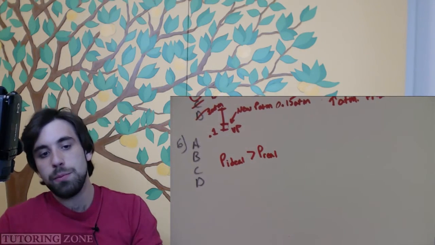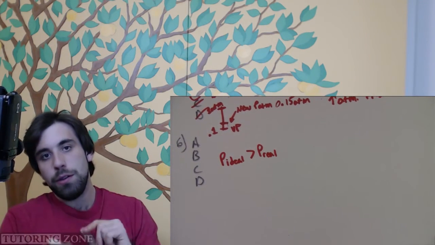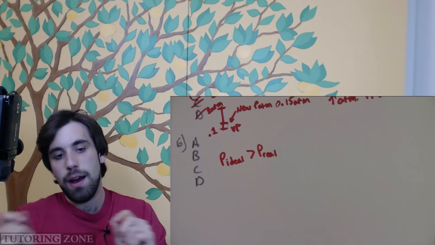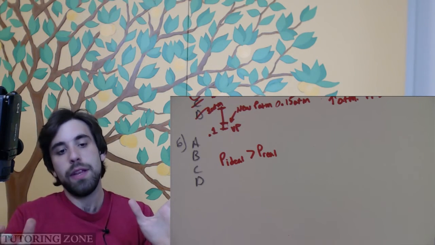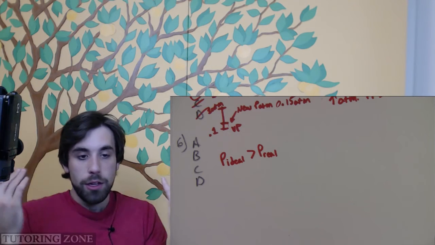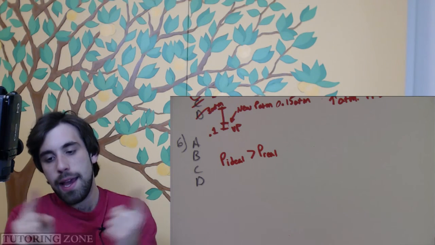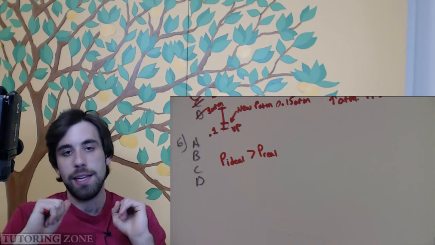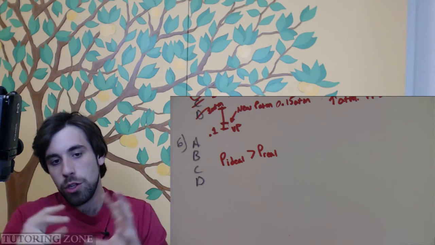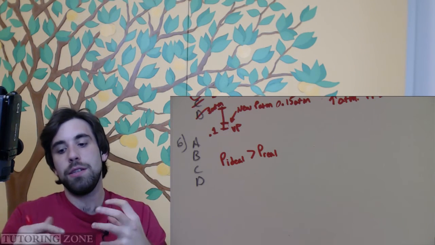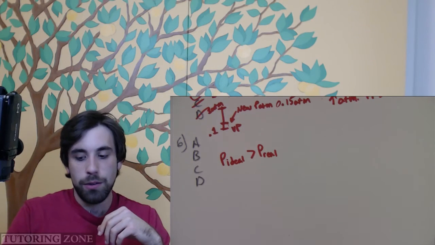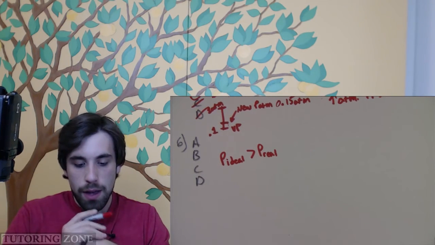Why is that? Because pressure results from the ammonia molecules colliding with the walls of the container and bouncing back, so it's that force over the area. So if they're attracted to each other, then they can't move as fast, and they can't slam into the wall as hard. So the more attracted to each other they are, the less the pressure is going to be inside. So the ideal pressure is greater than the real pressure.